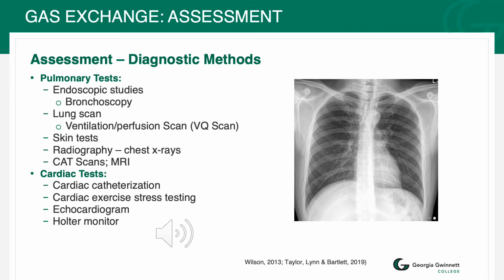Cardiac cath, they will put a catheter up the groin, or sometimes they'll do it in the radial area on the wrist, and they're able to visualize the coronary arteries. They're able to visualize the heart and see if there's any blockages.